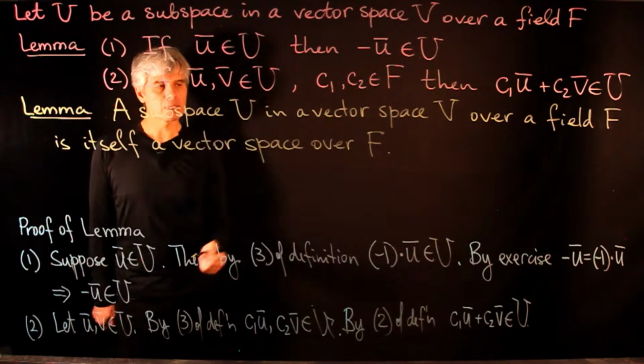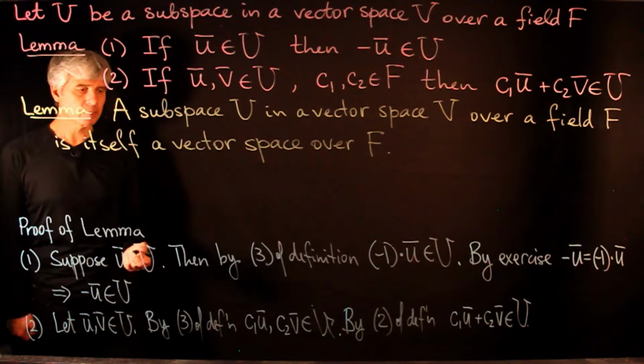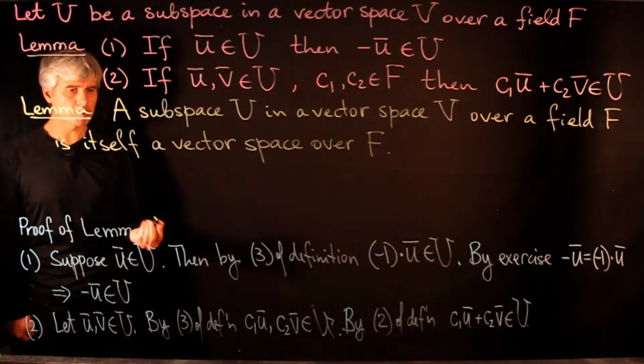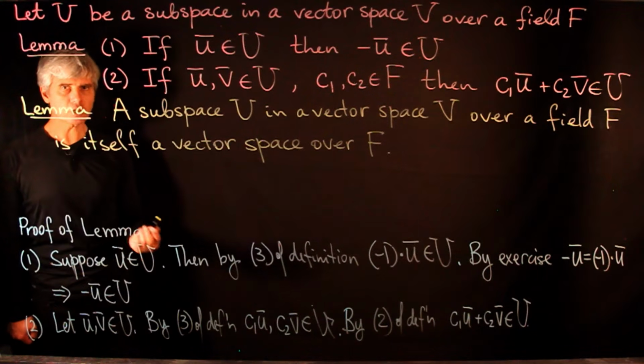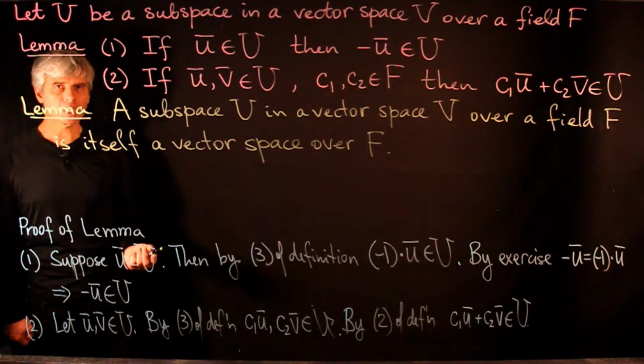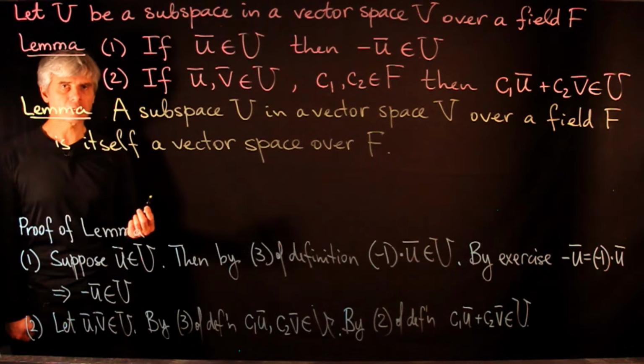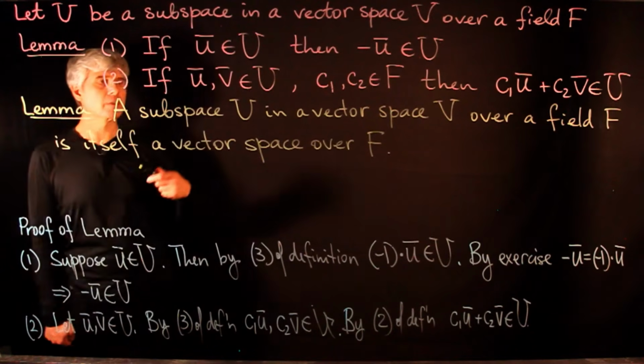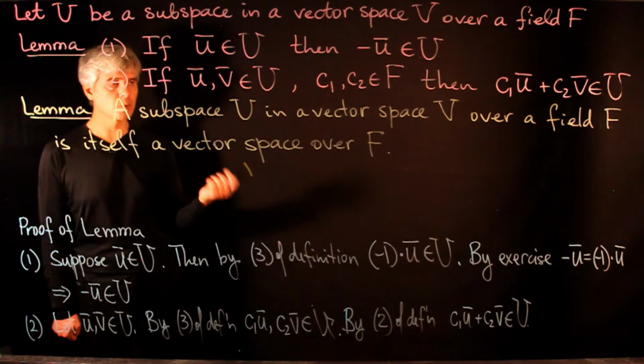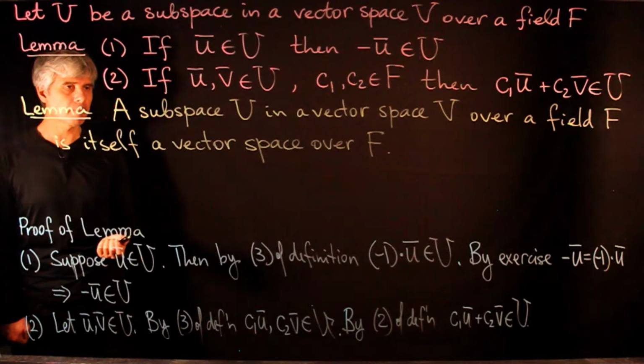A vector space is a set with the following operations. It has addition of vectors, multiplication of vectors by scalars, a 0 vector, and the opposites of a vector. So we have this unary minus operation.